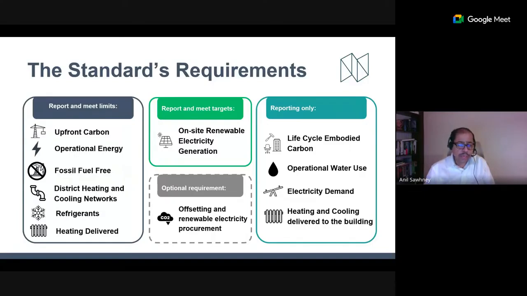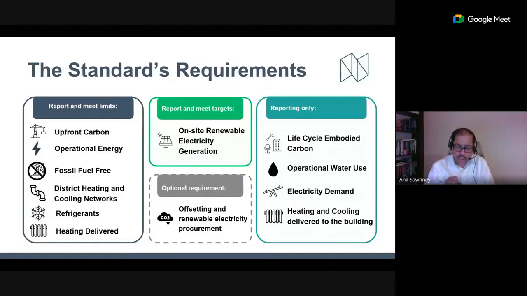You have to report and meet targets. So you can notice the difference. There are two things: limits, an upper limit you need to stay below, and minimum targets that you need to meet, such as on-site renewable electricity generation. An optional requirement is offsetting and renewable electricity procurement. And then for reporting only, they do life cycle embodied carbon.